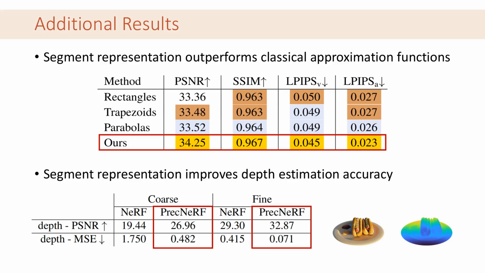We also conducted several ablation studies, which show that our integral computation method outperforms traditional approximation techniques. In addition to improving rendering quality, the use of segment representation also enhances the accuracy of depth estimation. Further experimental results can be found in our supplementary material.